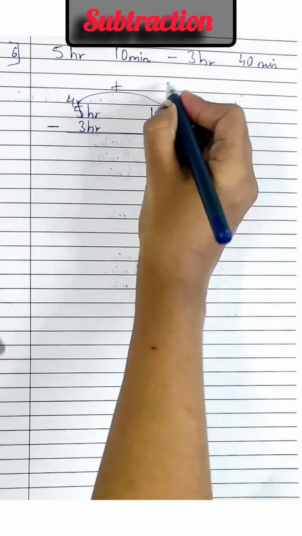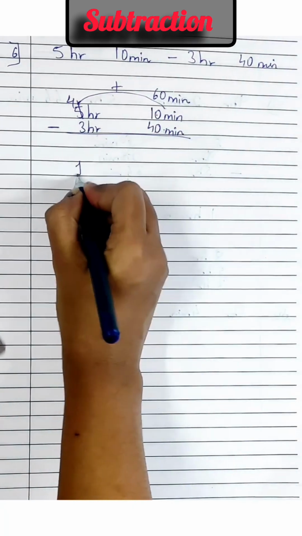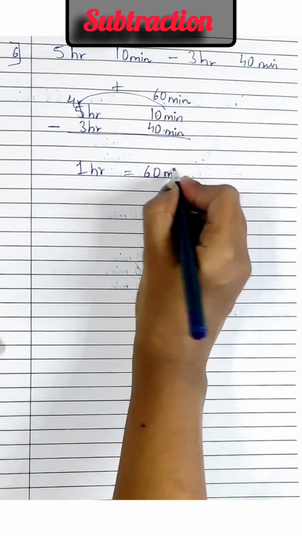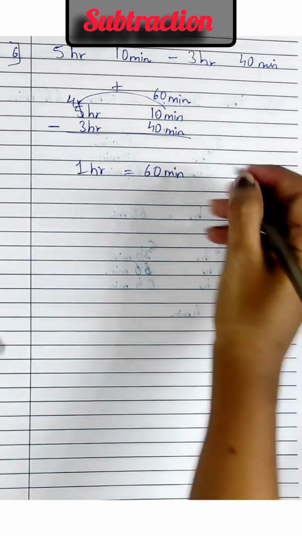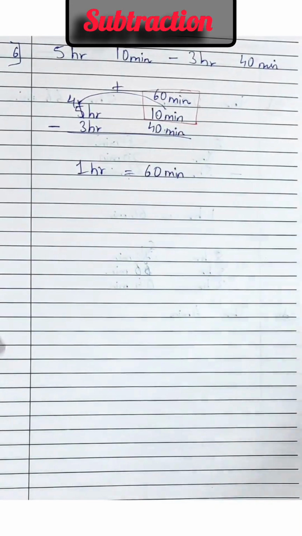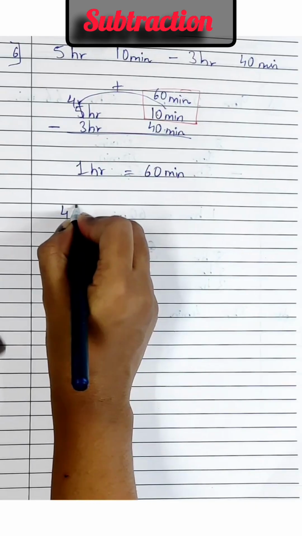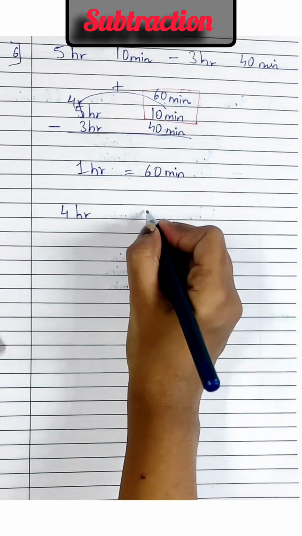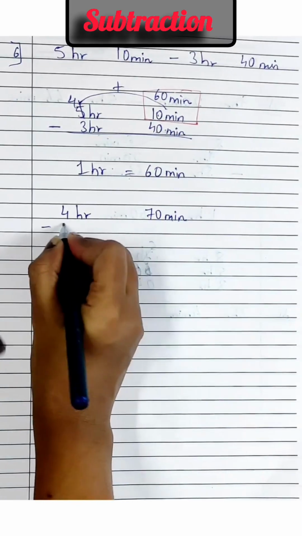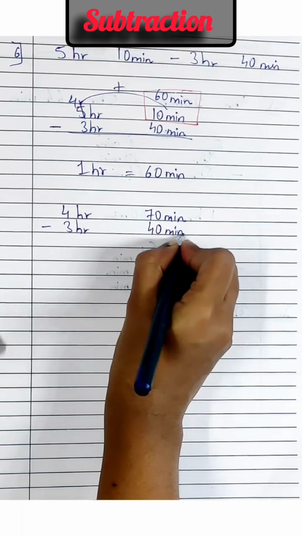करेंगे प्लस 60 मिनट्स. क्यों? क्योंकि 1 आवर इज इक्वल्स टू 60 मिनट्स. सो हम अपना न्यू मिनट्स पहले ऐड करेंगे. सो द न्यू क्वेश्चन विल बी 4 hours 70 minutes minus 3 hours 40 minutes.